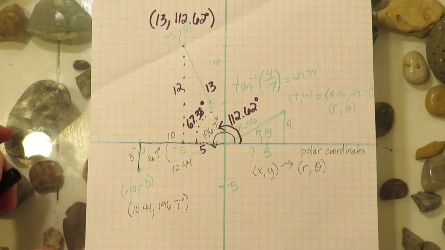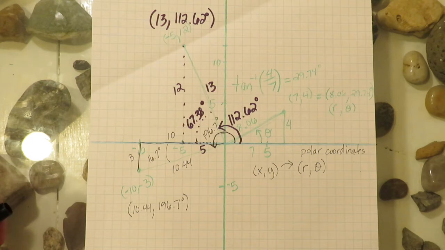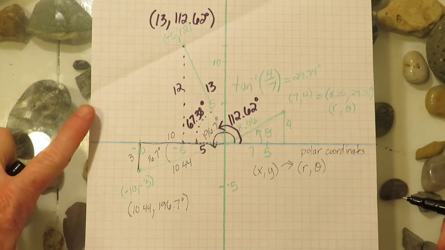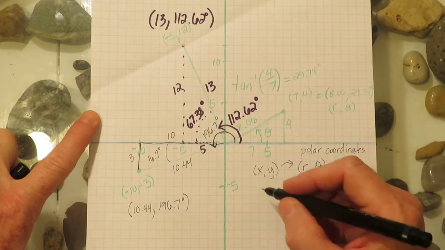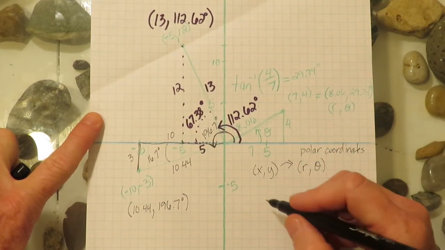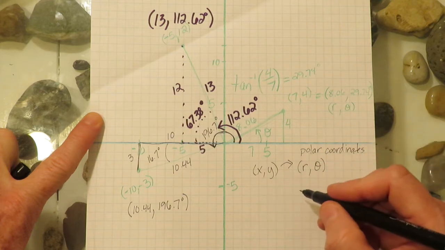You use the Pythagorean theorem, you use your right triangle definitions of, in this case we were using tangent, but honestly you could use sine and cosine if you found your distance first. You could do that. But there is some sort of standard notation that we point out.